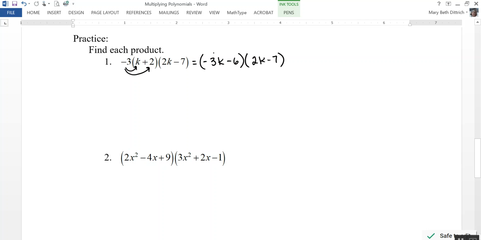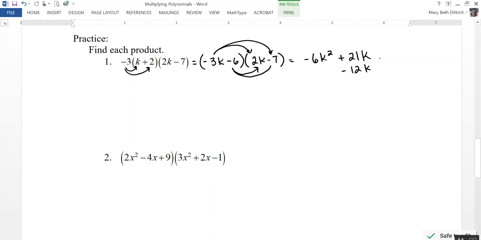So now distributive property. Negative 3k times 2k and negative 3k times negative 7 is going to give me a negative 6k squared plus 21k. And now negative 6 times 2k is going to give me a negative 12k.